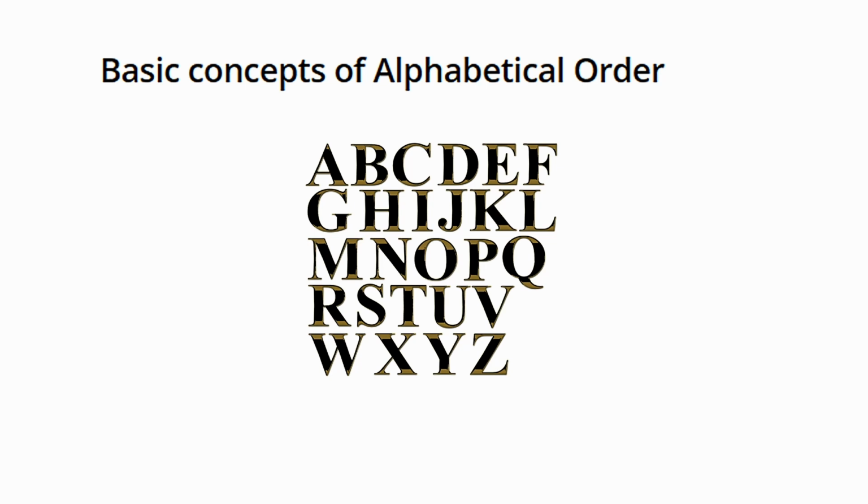It is important to note that while solving the questions of alphabetical order, you need to keep in mind the forward and backward position of all the alphabets along with its number.